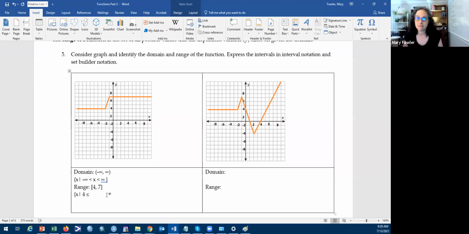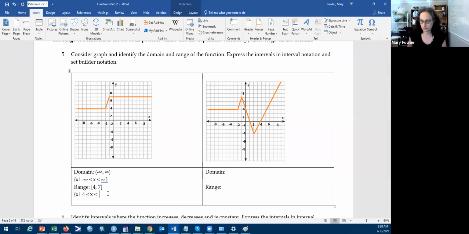The equal sign indicates that 4 is included. Okay, so you guys can do that one if you want on your own.